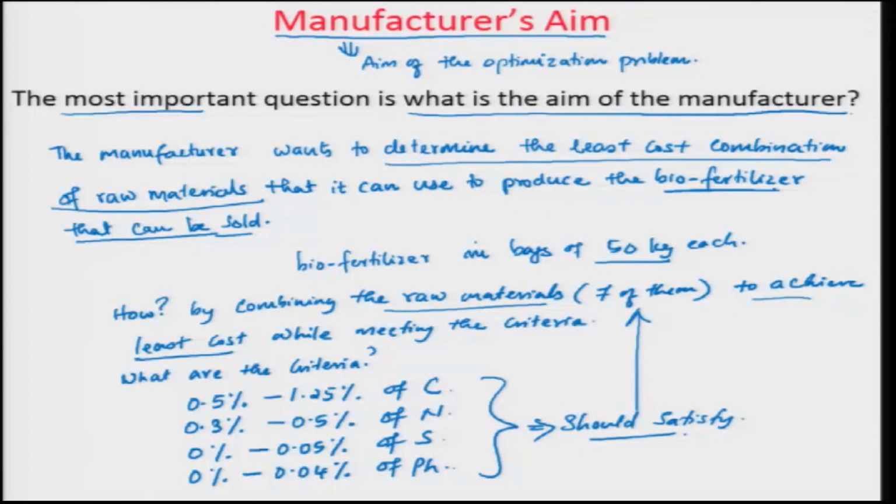Okay. So remember, the first major thing for us is choosing the variable. In the stepwise process of what we called the optimization, the first thing is choosing the variable.